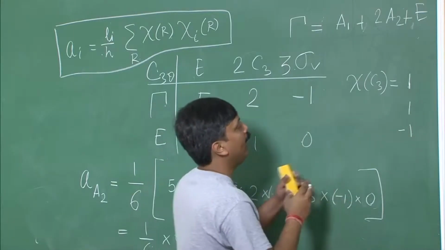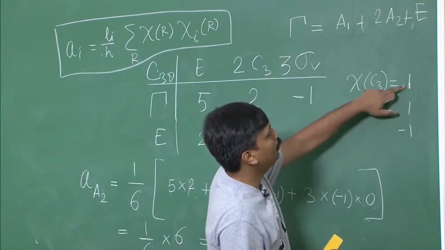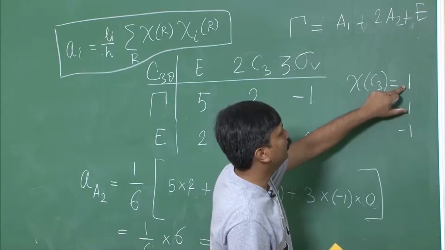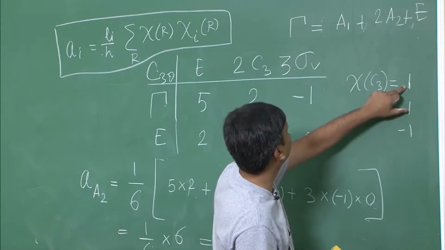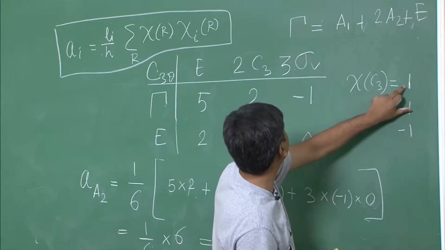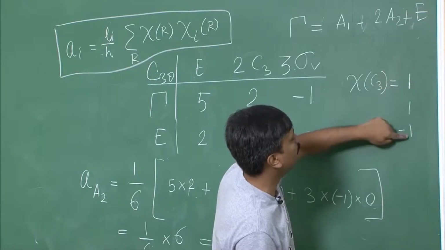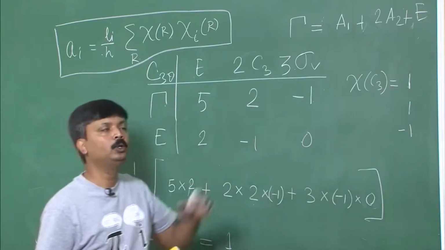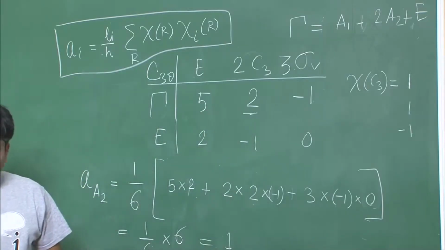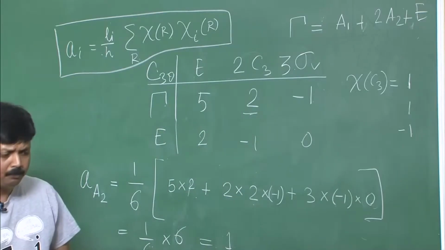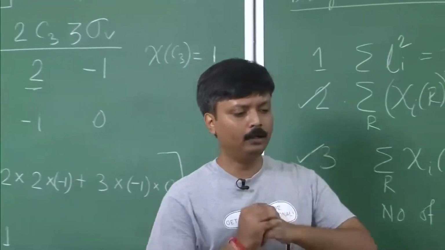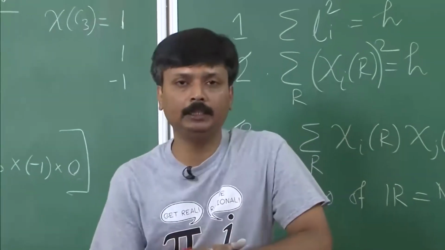So if I add this, that is 1 plus 2 into 1, that is 3, and then E gives me minus 1. So 3 minus 1 is 2, and if I check here, yes, this is verified. So in this way you can reduce any representation that you can form and find out what the irreducible representations present here are.